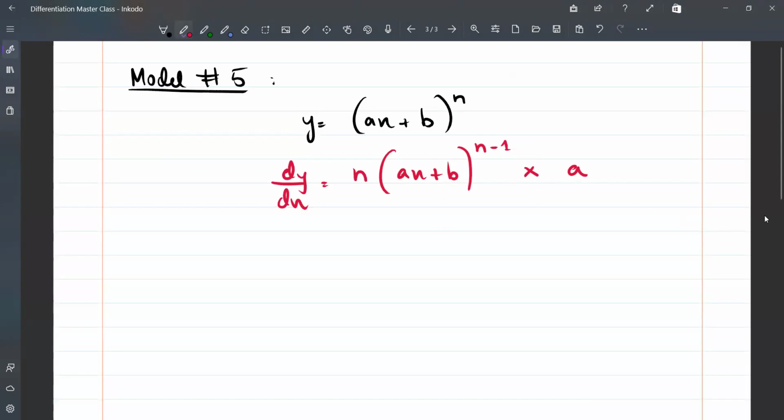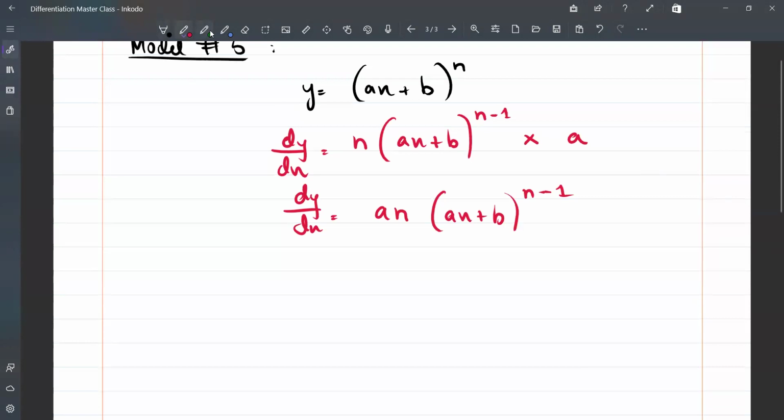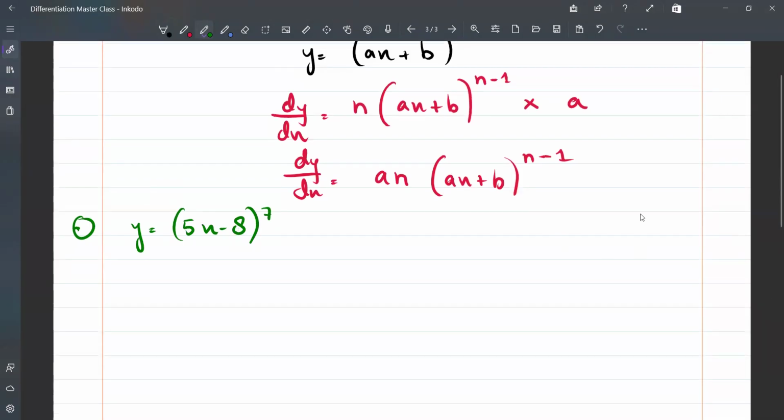Okay, so this would give us n times a times (ax plus b) power n minus 1. Okay, so let's do an example. Let's say we have y is equal to (5x minus 8) power 7.